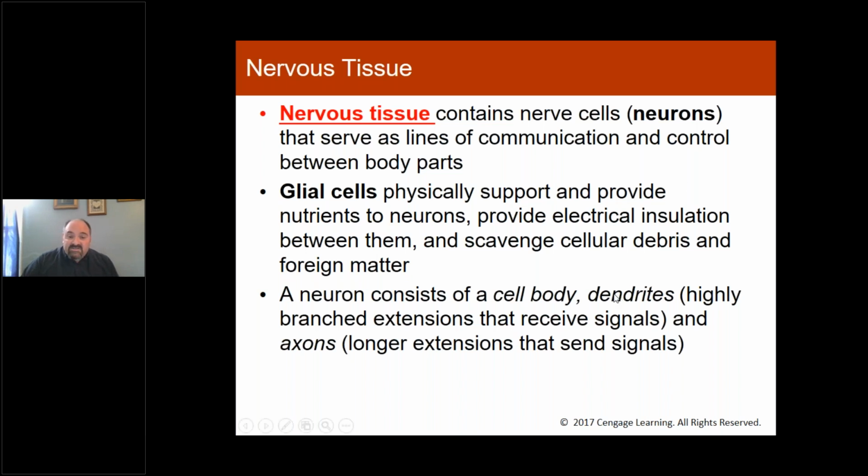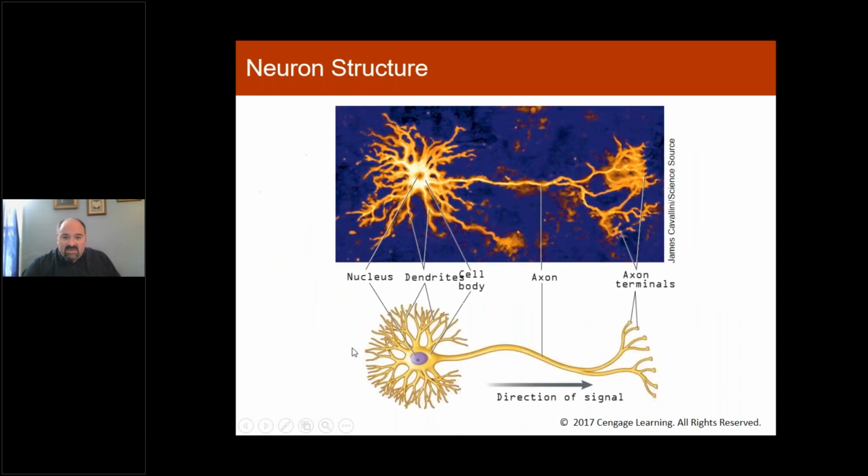A neuron consists of a cell body, dendrites, and an axon. What you're seeing here is a multipolar neuron. There are multiple processes. There are multiple dendrites, bringing information to this cell body right here.